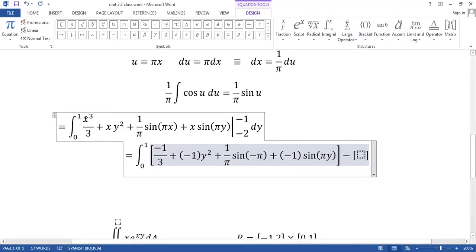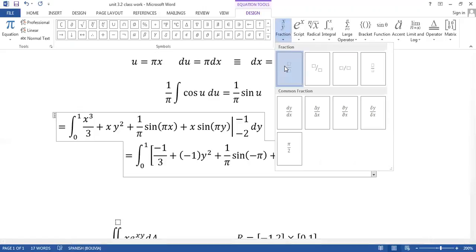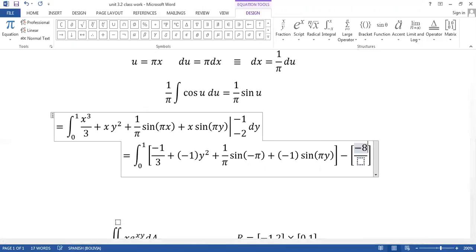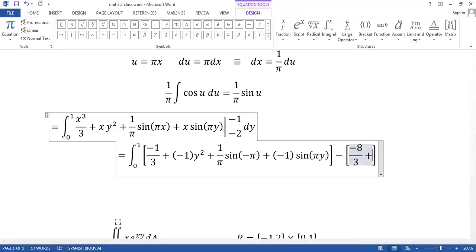So this is -2 cubed, which is -8, so -8 over 3. Am I right? Mm-hmm. What next? -2 plus -8 y squared.